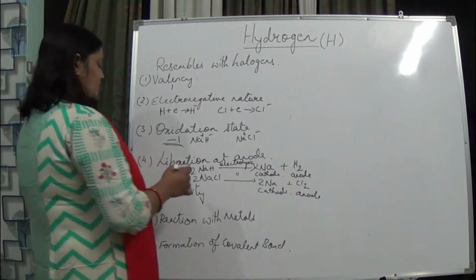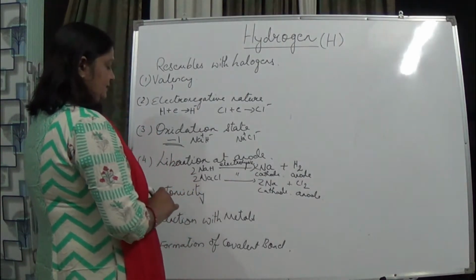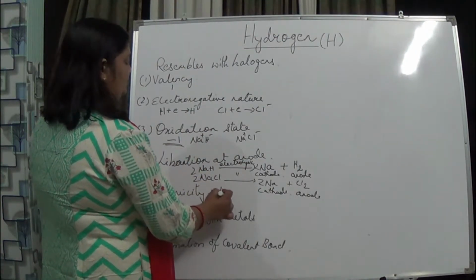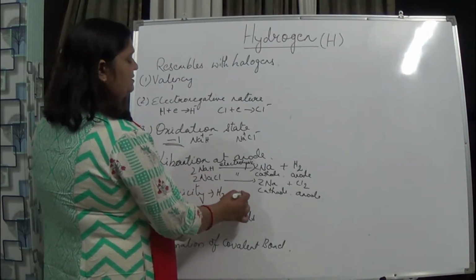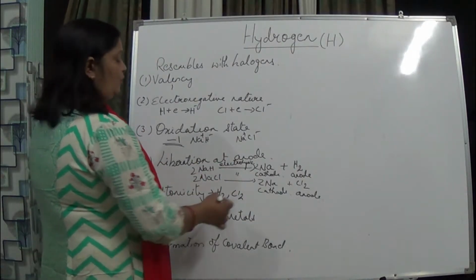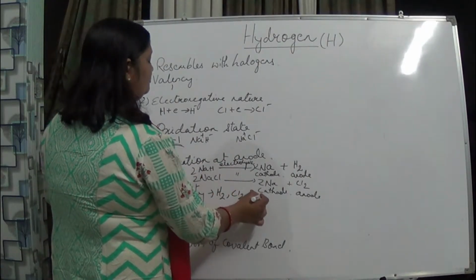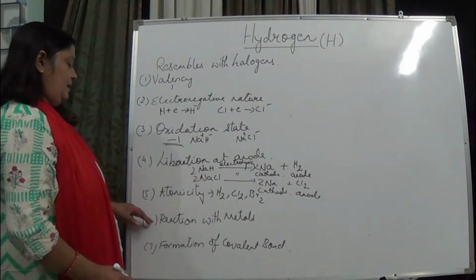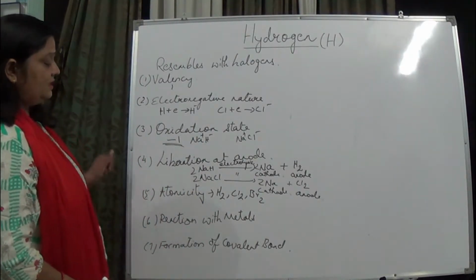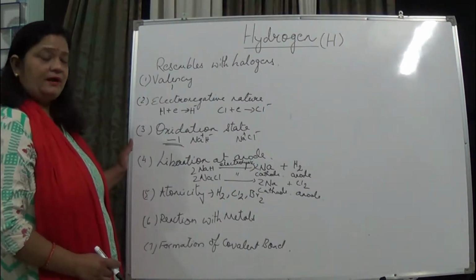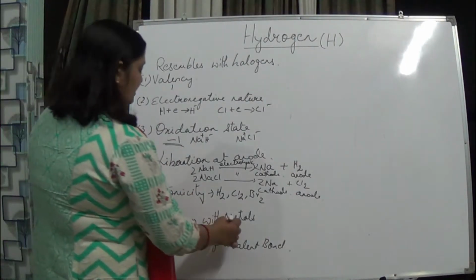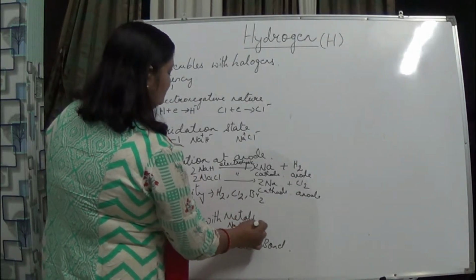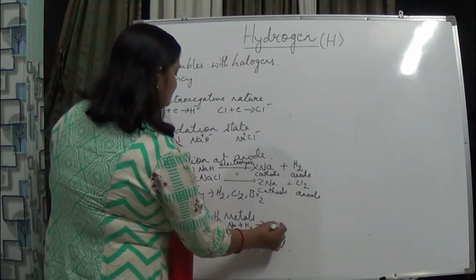Now, when we talk about atomicity, hydrogen exists in the form of H2, isn't it? Chlorine also exists as Cl2, bromine also as Br2. Now, reaction with the metals: Na plus H2 gives NaH.